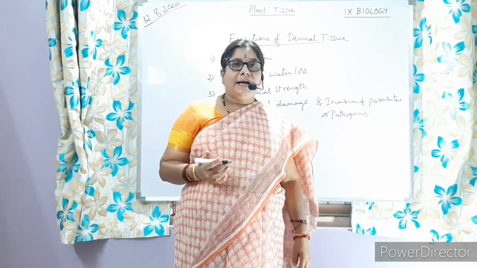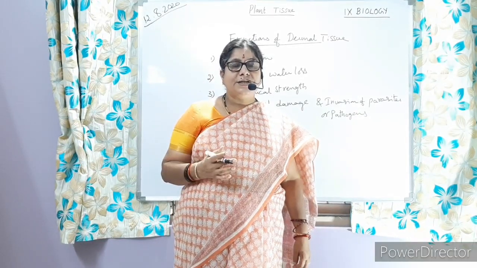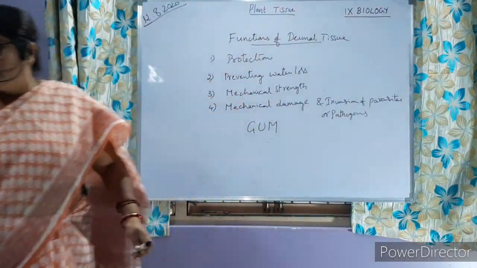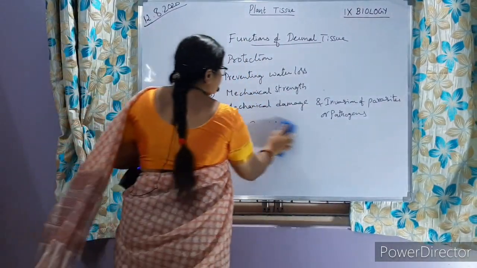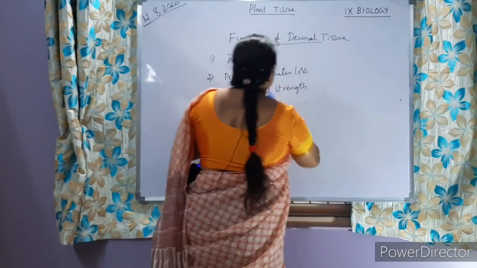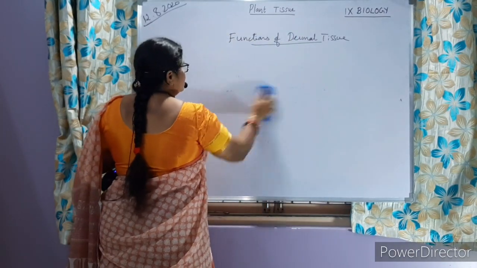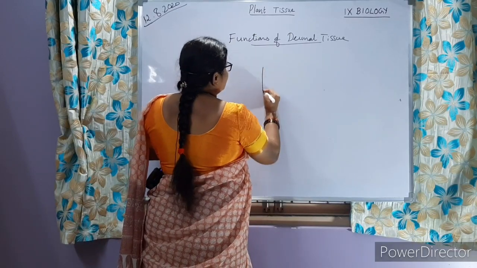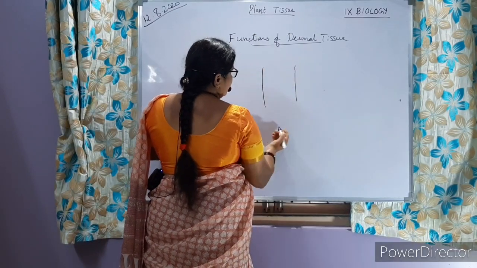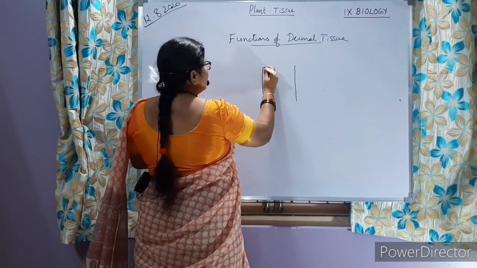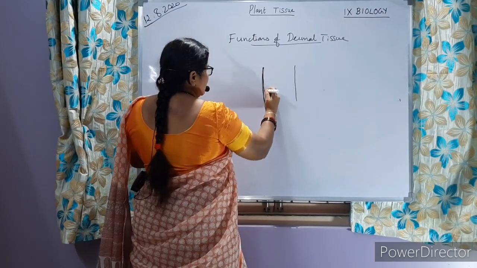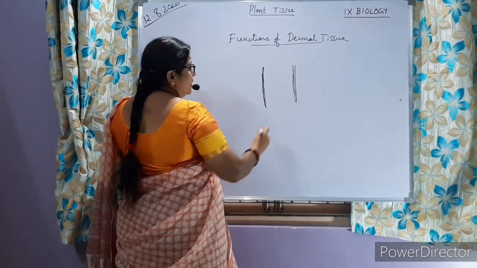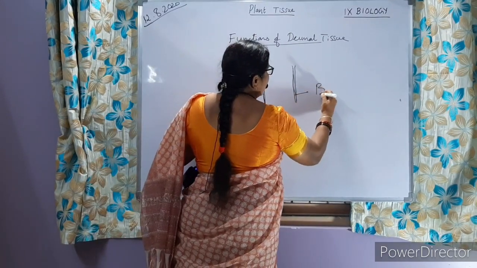In some plants, the dermal tissue forms many layers. The outer covering, suppose this is the stem, forms many layers, and it is called bark.